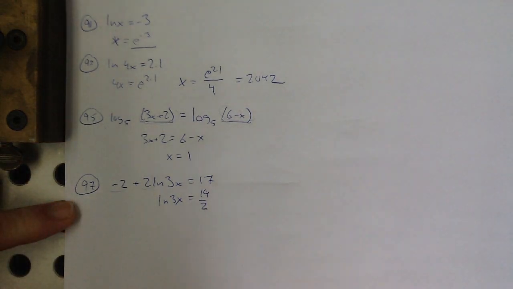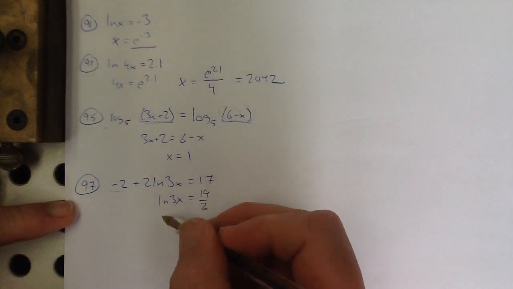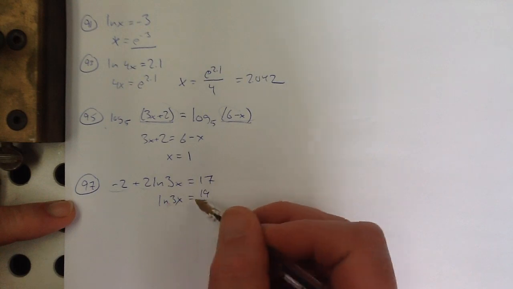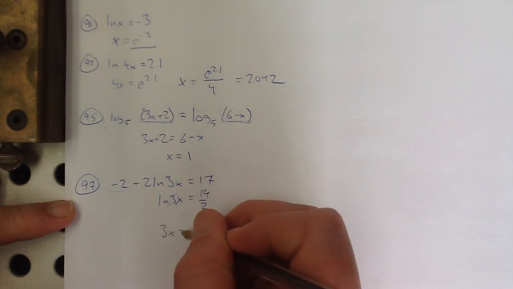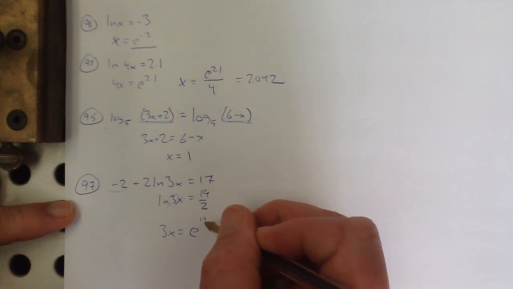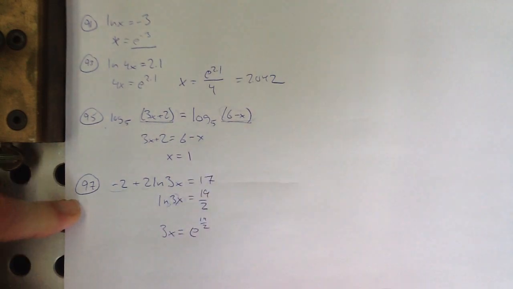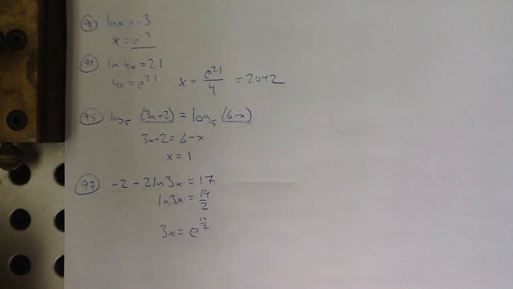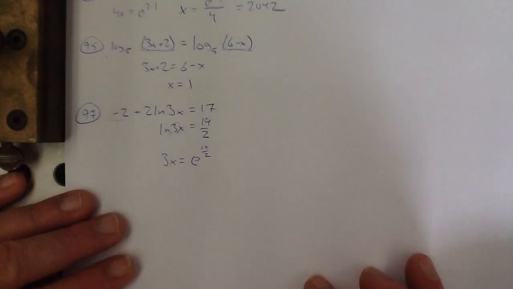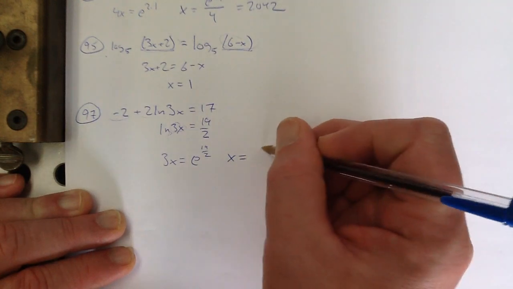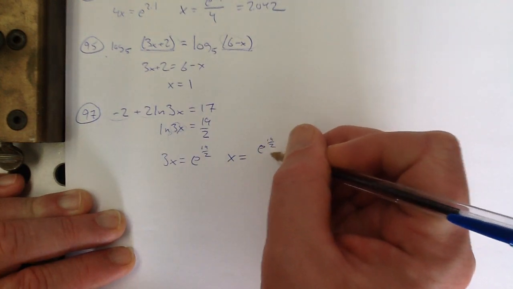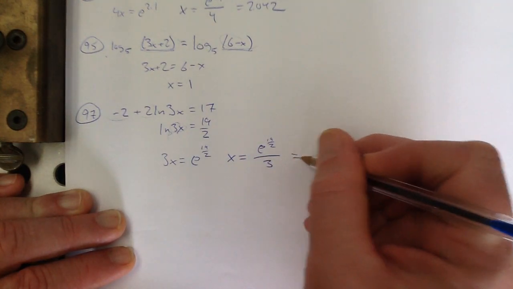And then, to get rid of the natural log, well, natural log is e to the this equals this. So 3x is equal to e to the 19 over 2. That's like the move that we're learning, right? One of the moves that we're learning. That's the thing that you just need to practice to get comfortable with. Then x is equal to e to the 19 over 2 divided by 3.